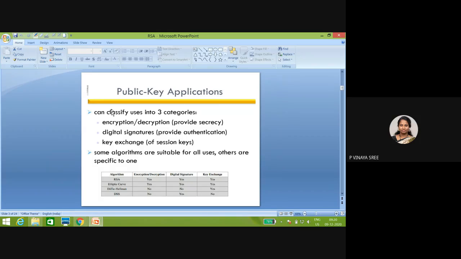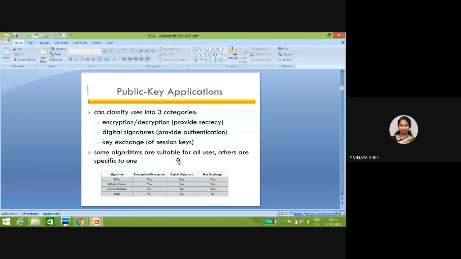Public key applications can be classified into three categories. One is secrecy and confidentiality by encryption and decryption. The next is digital signature, which provides authentication. These two we already discussed in the previous class. The next one is key exchange. This is like a session key, a one-time key used for encryption and decryption.